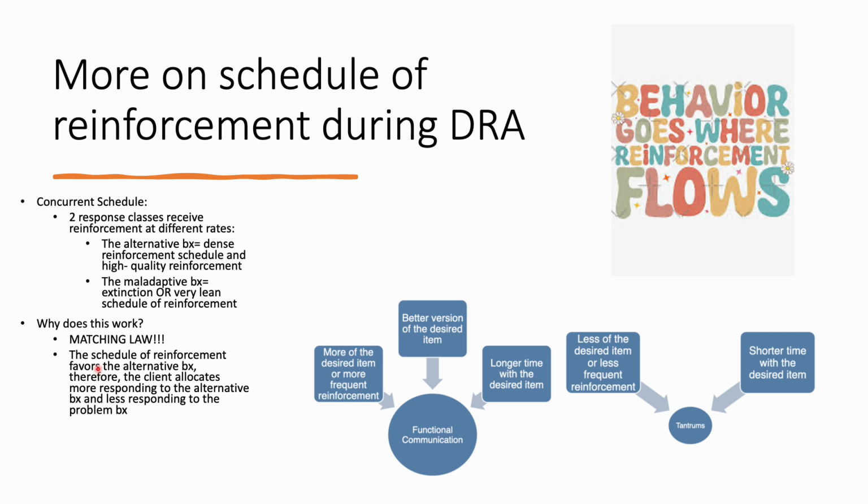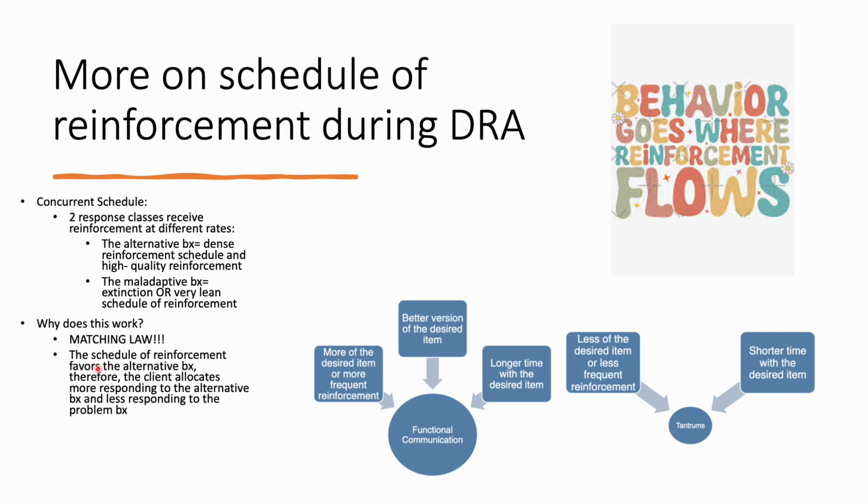So if you recall what the matching law is, it's something that behavior analysts identified as a principle that governs behavior, and that tells us basically that our behaviors will match the level of reinforcement that they receive. Okay, so there's that famous quote in ABA that says behavior goes where reinforcement flows.